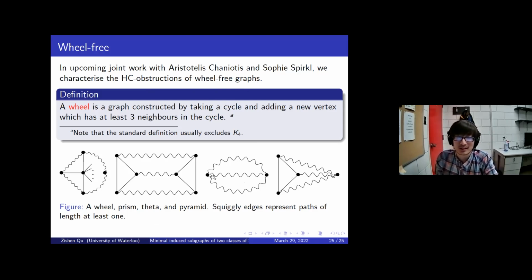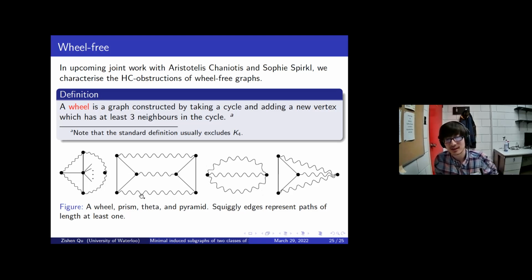So in the theta, we talked about earlier that if you take the two ends of the theta and you connect them with an edge, that doesn't help you at all, because it doesn't help to have the edge there. It's the same for the two triangles connected by paths.